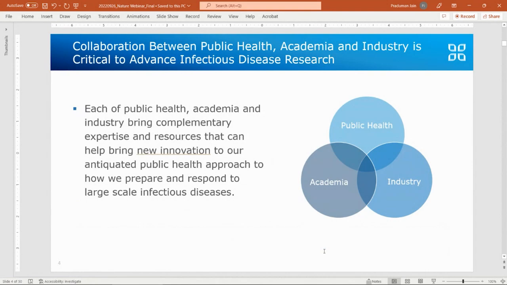What we have experienced is that it is critical to collaborate across domains and expertise. So collaboration between public health, academia, and industry is critical to advancing infectious disease research. None of these stakeholders can do it by themselves because the innovation comes from science, from research, from digital methods.